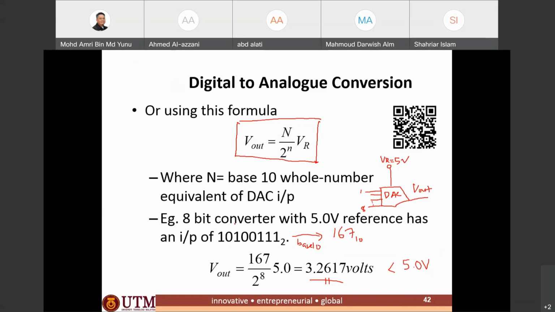So for example, an 8-bit converter with a 5-volt reference has an input of 10100111.